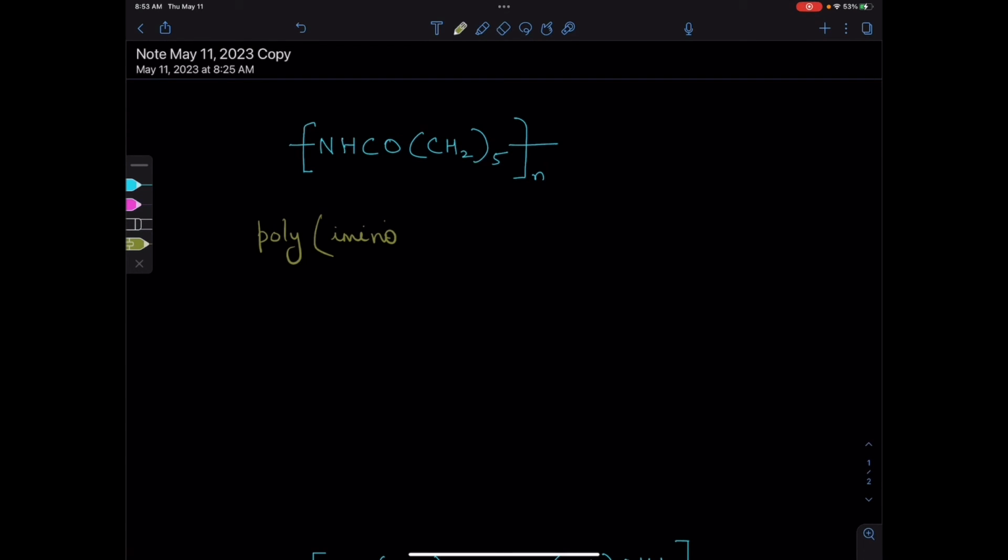We are going to look at the CO group as an oxomethylene group. Okay. So we write it as 1 oxo hexamethylene. And since we have parentheses embedded inside, we are going to make this into a square bracket. So this would be the name, polyimino 1-oxo hexamethylene.